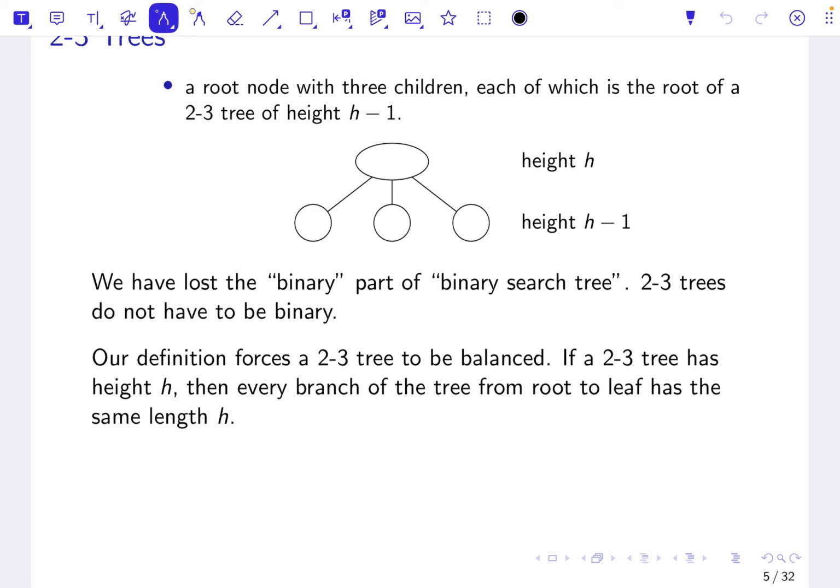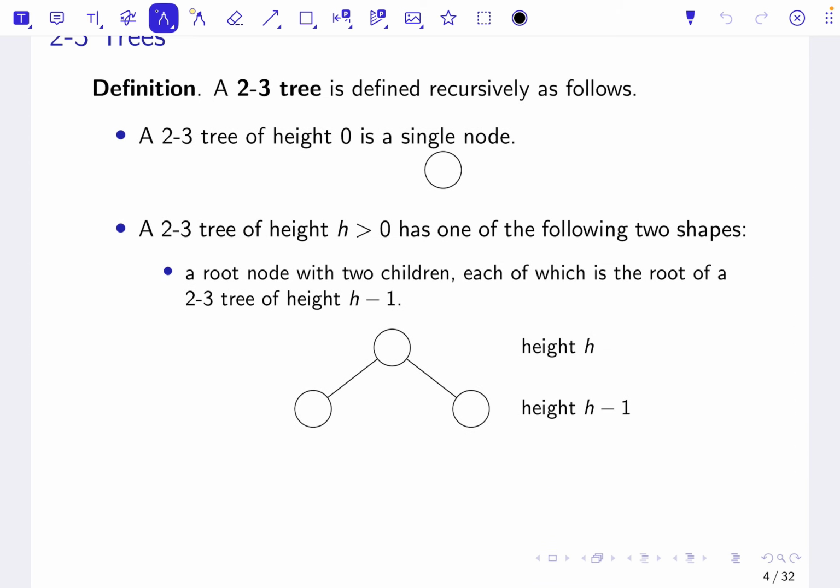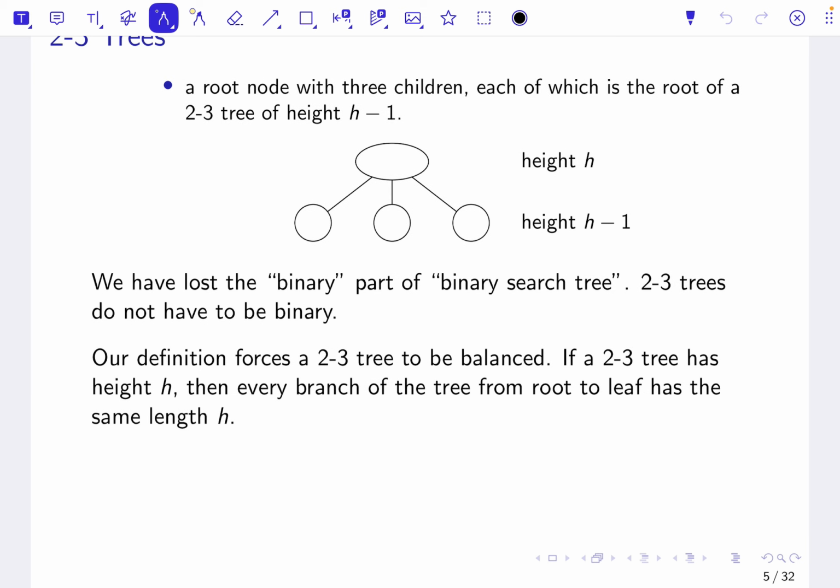No matter how exactly you insert stuff into it, it's always going to have height in big O of log n. I almost certainly won't be able to explain why in the confines of this class, so I think I'll just leave that as a bit of a cliffhanger. How exactly does this cause the entire tree to be balanced? I don't know. Find out next time, and good luck on the assignment.